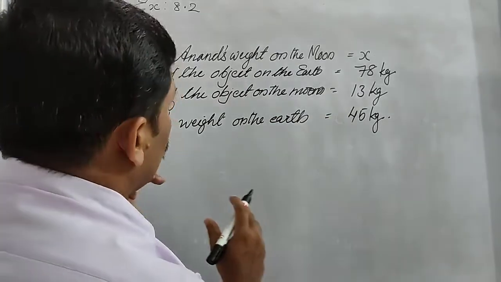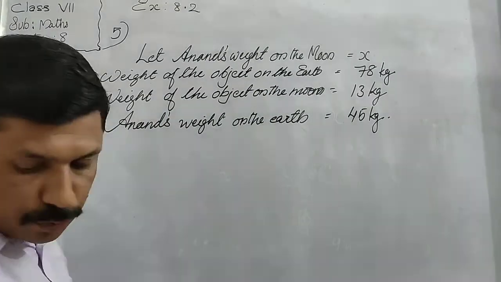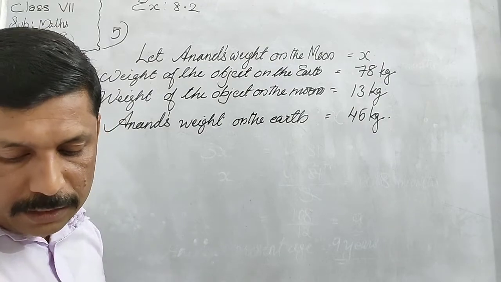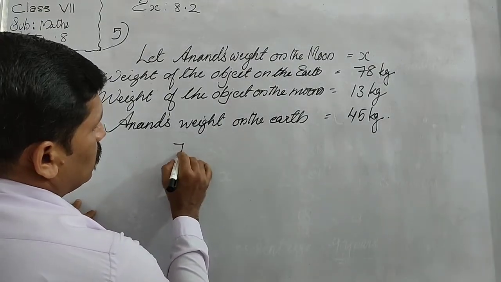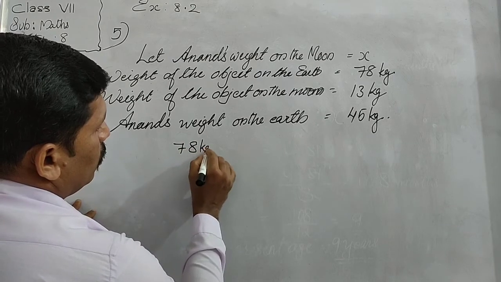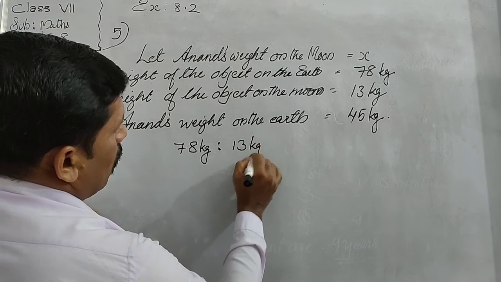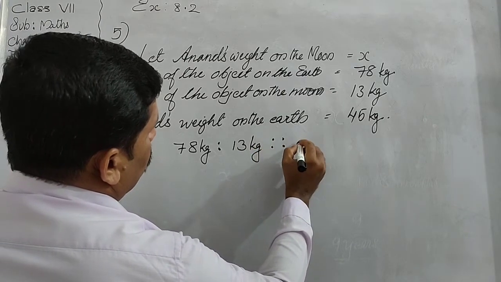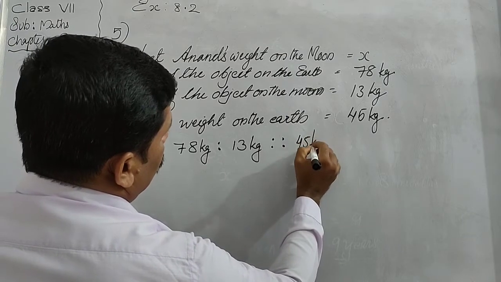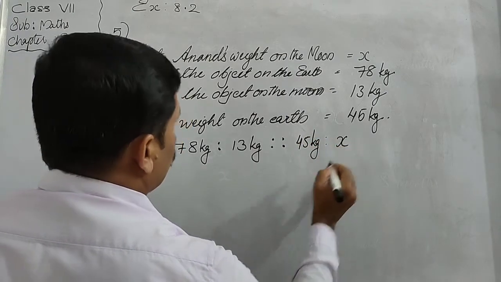So here weight of object on the earth to moon, and Anand's weight on the earth to moon, that we calculate. Weight on earth is 78 kilogram, is to weight on moon 13 kilogram, proportionate to Anand's weight on earth 45 kilogram, is to Anand's weight on moon, x kilogram.